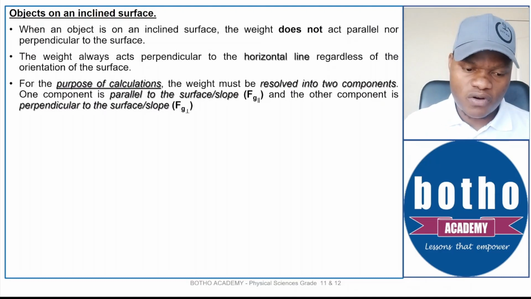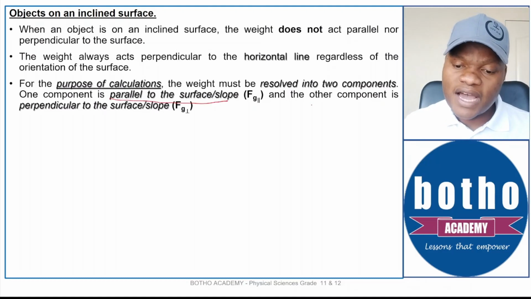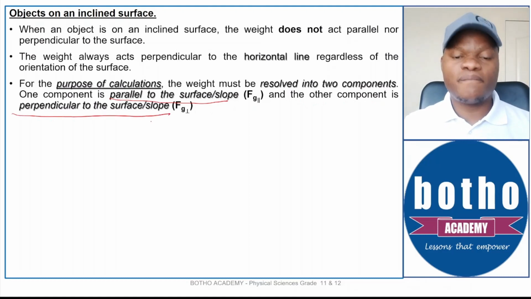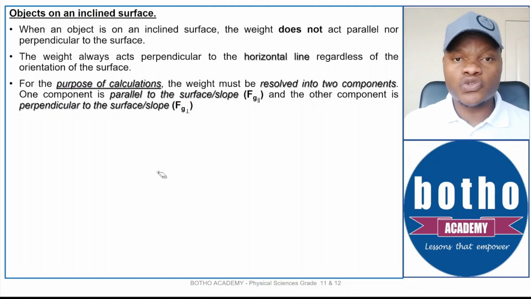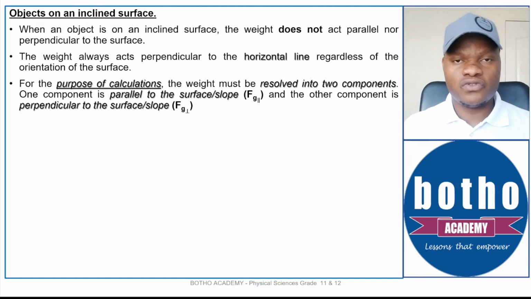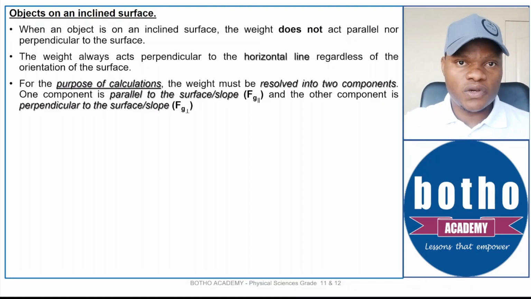One component of that weight must be parallel to the surface or the slope, and the other component must be perpendicular to the slope. That's for the purpose of calculation, because we cannot use the weight if it's neither parallel nor perpendicular to the surface. So we have to resolve this weight into its two components, one perpendicular to the slope and the other parallel to the slope.